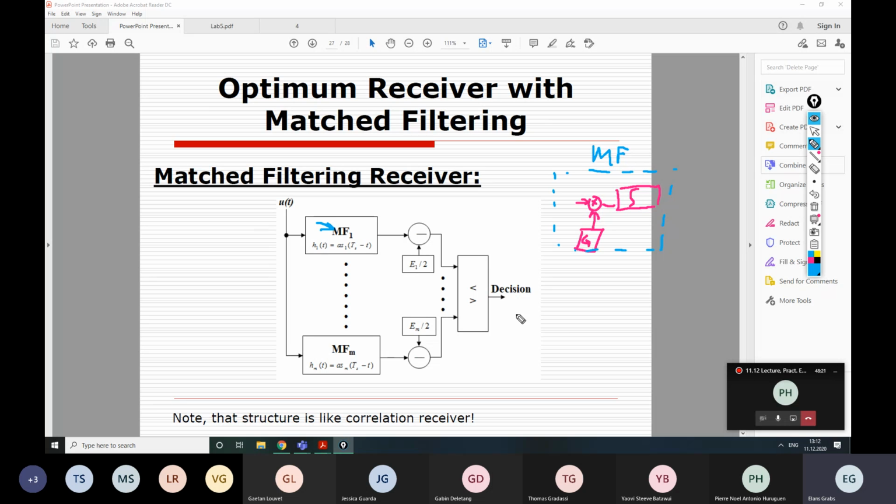But if energies of all signals are equal, then we don't need to do this. But in the general case, of course, energies can be different, and then we would need this centering. And the decision is performed by comparing all the outputs of these filters and selecting the highest value. So this works exactly like a correlation receiver.